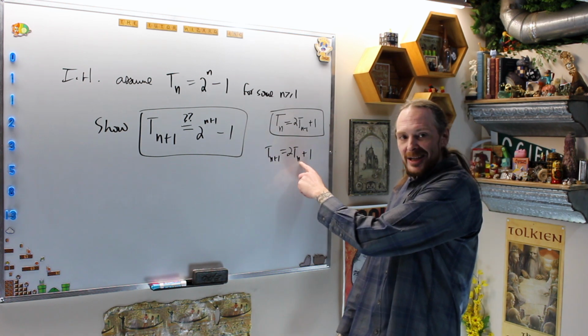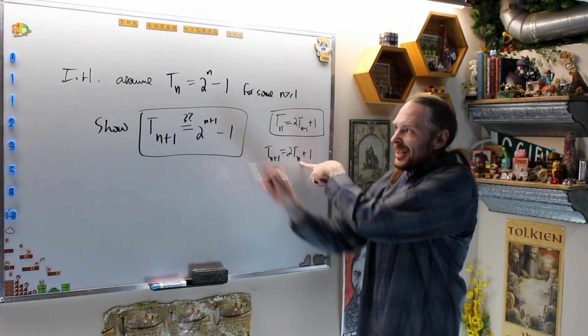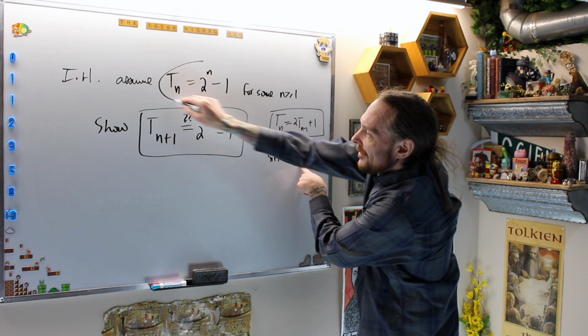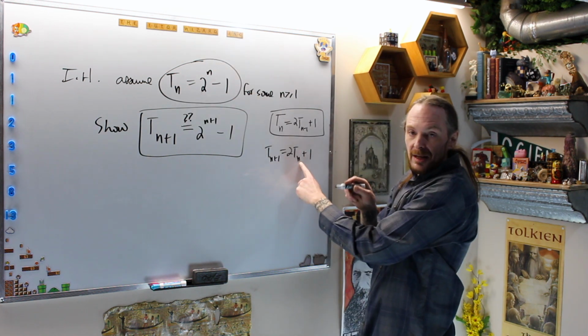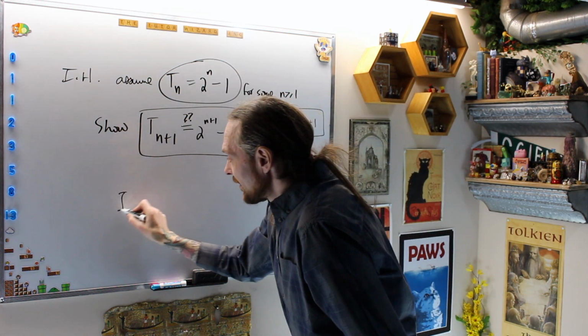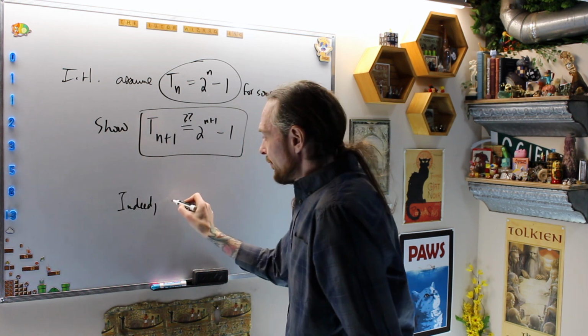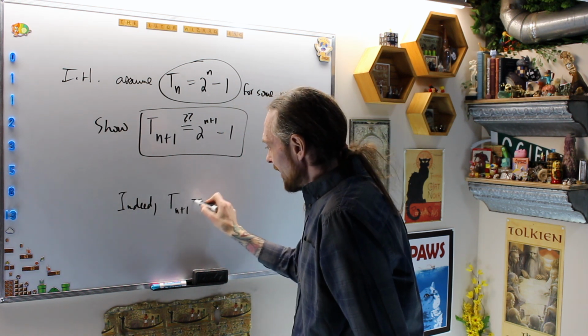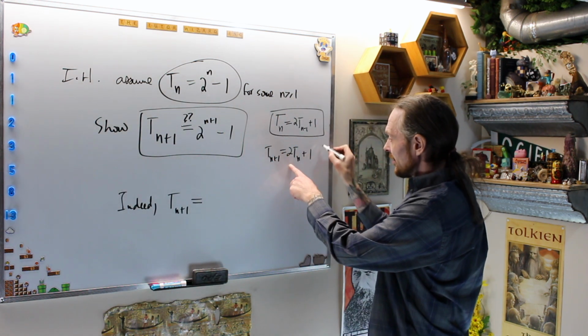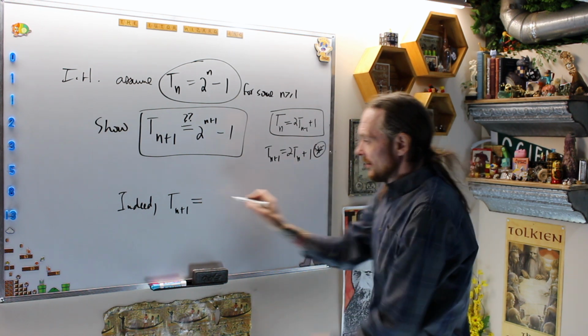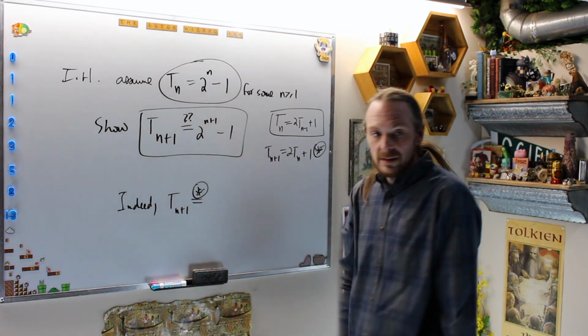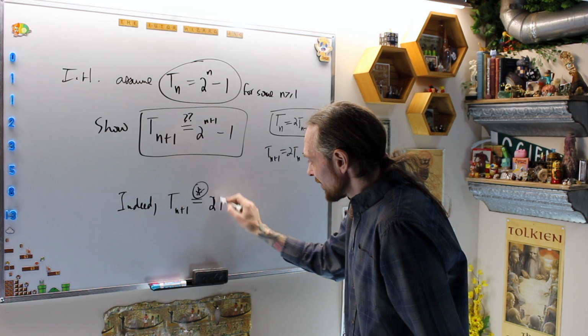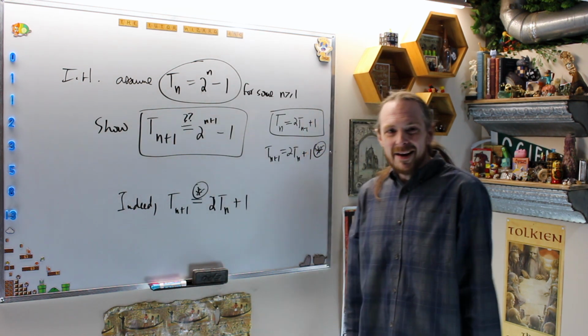I can use the recurrence relation to get to here, and then I can talk about the inductive hypothesis and use what I have. I'm about to do it right now. T n plus 1 equals, by the recurrence relation, 2 times Tn plus 1. Why did I do that move?